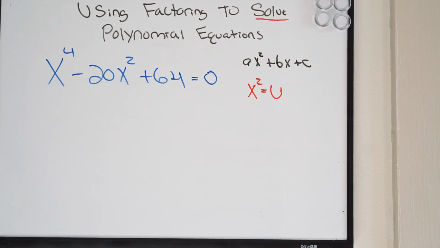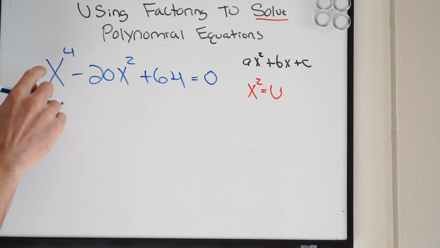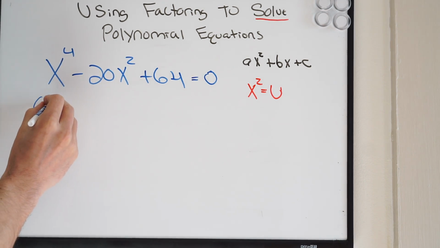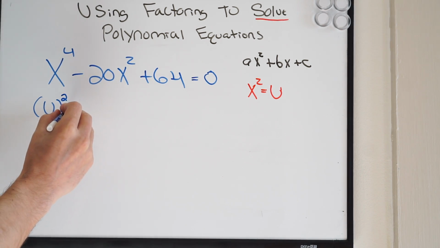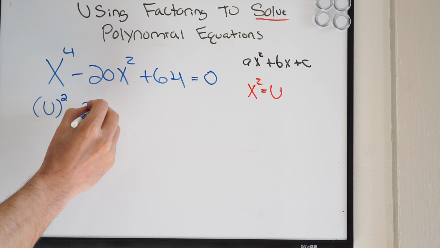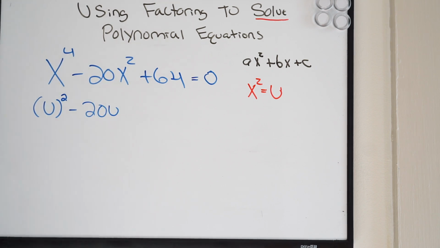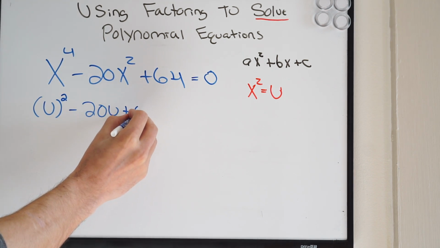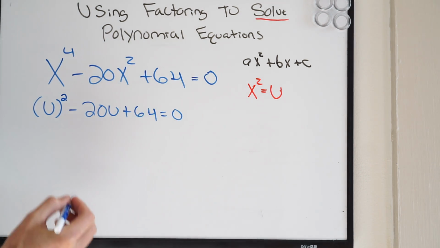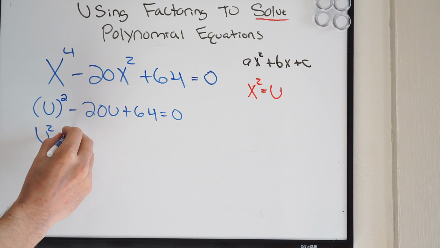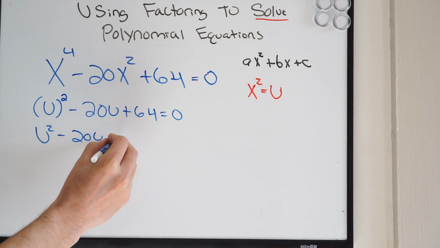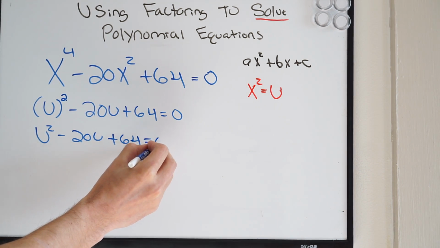So we'll have u squared minus 20u plus 64 all equal to 0.